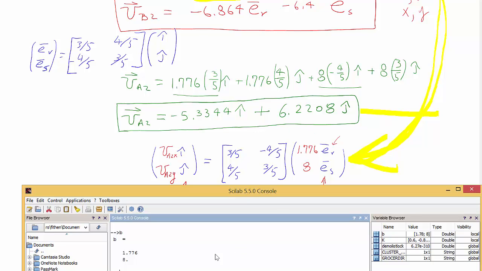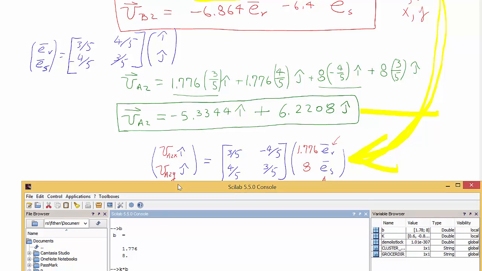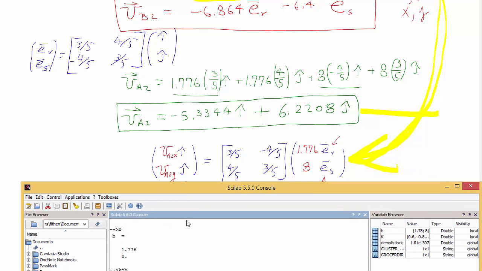This is the same value as that. So what I'm going to do is multiply capital K times B, and let's take a real close look at what this is. Minus 5.3344, which sits right here, and 6.2208, which sits right here.